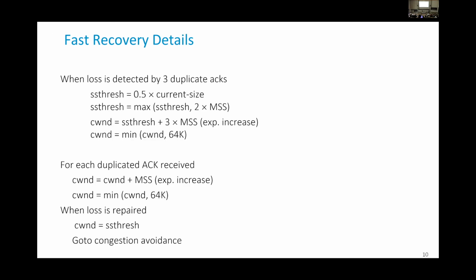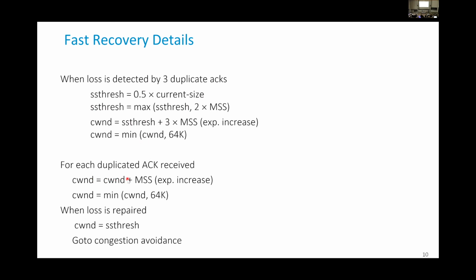So the heuristic is given here. When a loss is detected by the conditions of fast retransmit, you divide the current window size by 2. You put that into a variable that you remember. And the congestion window becomes this value plus 3 packets. And then you will start an exponential increase.